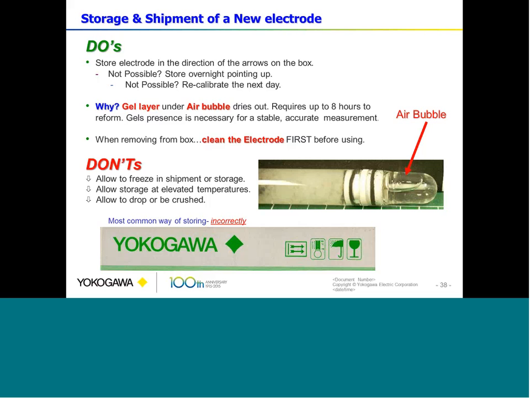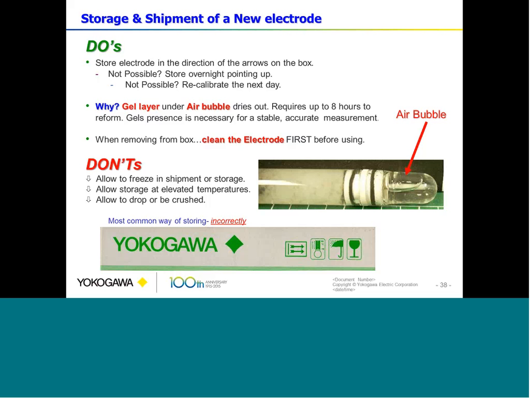It's an expansion bubble that, if you store the electrode lying flat, can migrate to the tip. And we talked about how both the inside and the outside of that bulb need to be wet. If that air bubble's there, then obviously that's not happening. It's not a big problem. You can either store the electrodes tip down, or you can treat it like a thermometer and shake it down a couple of times so the bubble moves back, and then you're good to go.